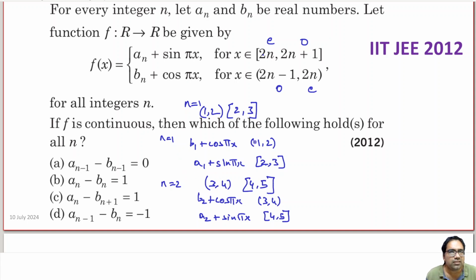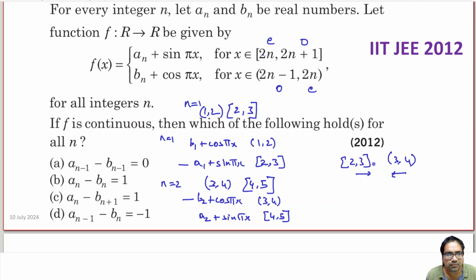Okay. Now, this function f is continuous all the time. What does that mean? Take the point 3. If we are approaching from the left hand side, that is between 2 and 3, and from the right hand side, between 3 and 4, both should give the same value.